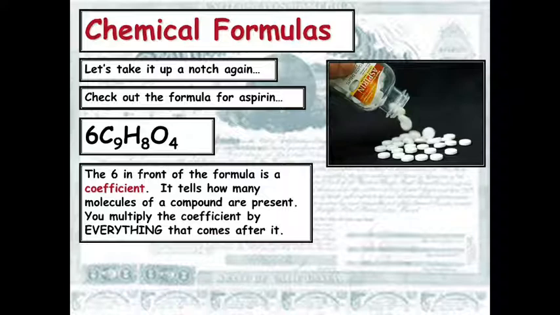And this is going to multiply times every element and subscript that comes after. So this large 6 in front is going to multiply times everything in the compound. It will be distributed to the carbon, the hydrogen, and the oxygen. So this is the number we're talking about, that large full-size 6 in front. It's going to multiply times each individual atom in the compound.